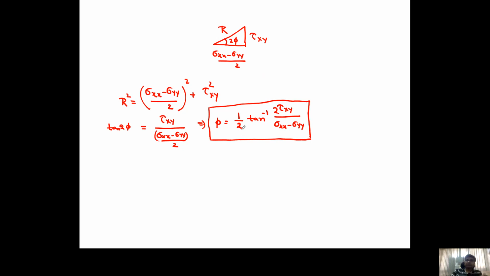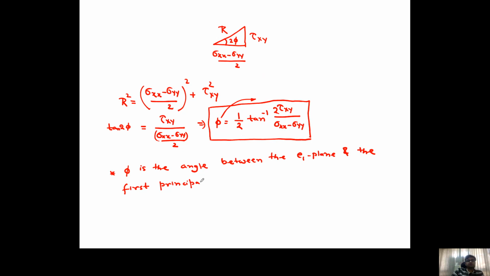And remember that this phi, let me write it down also, is the angle between the E1 plane and the first principal plane, right?